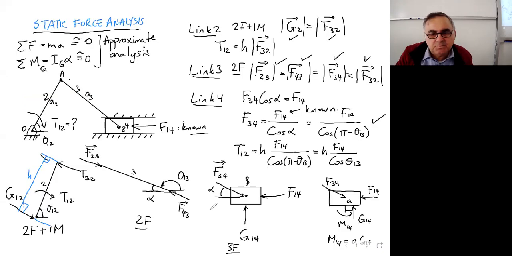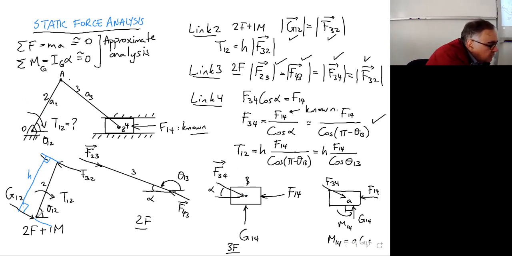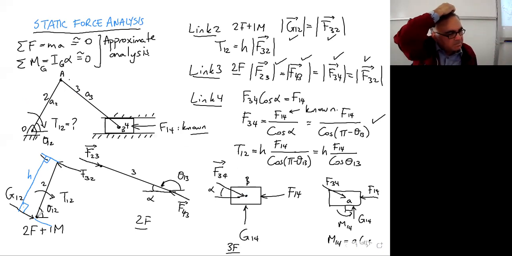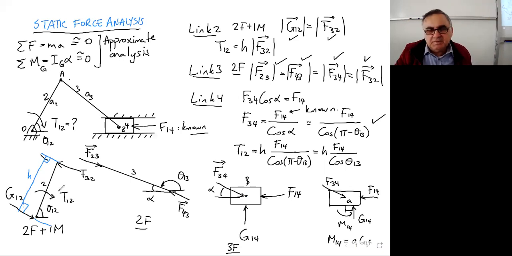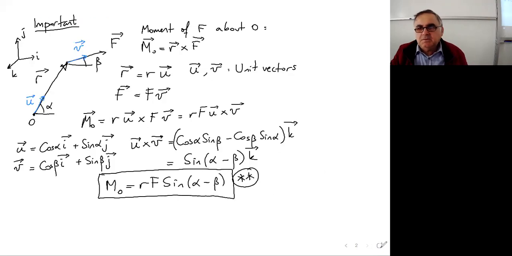Remember, we wanted to find this h distance, or the moment arm of this F32. We wanted to find the moment of F32 about theta 12 actually. As a matter of fact, it is as follows. Let me draw it here. Beta minus alpha.